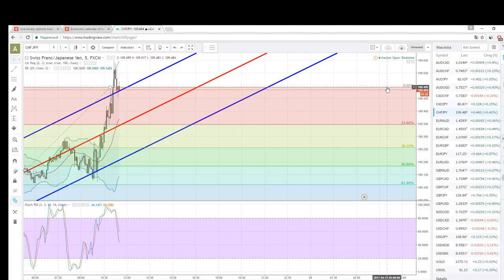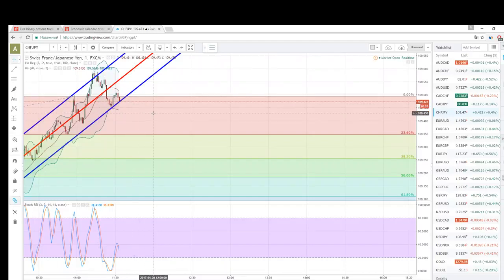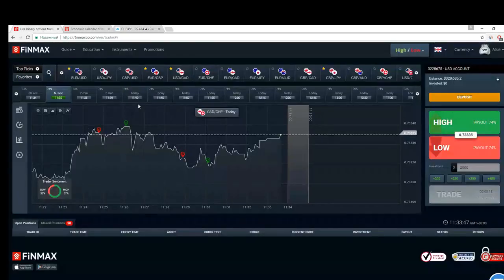Okay, here we have also a pretty interesting situation. For 5 minutes there is the probability that prices are gonna keep testing, but I believe for the short time frame we can enter for low here, Swiss franc to Japanese.